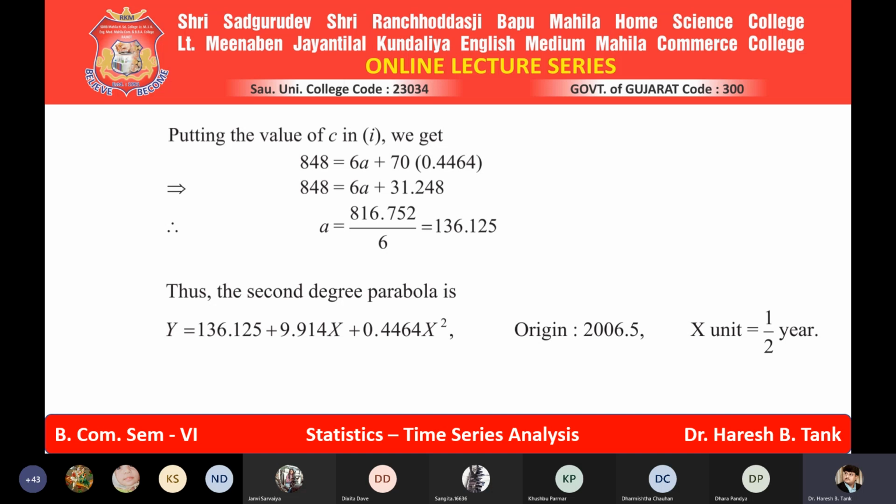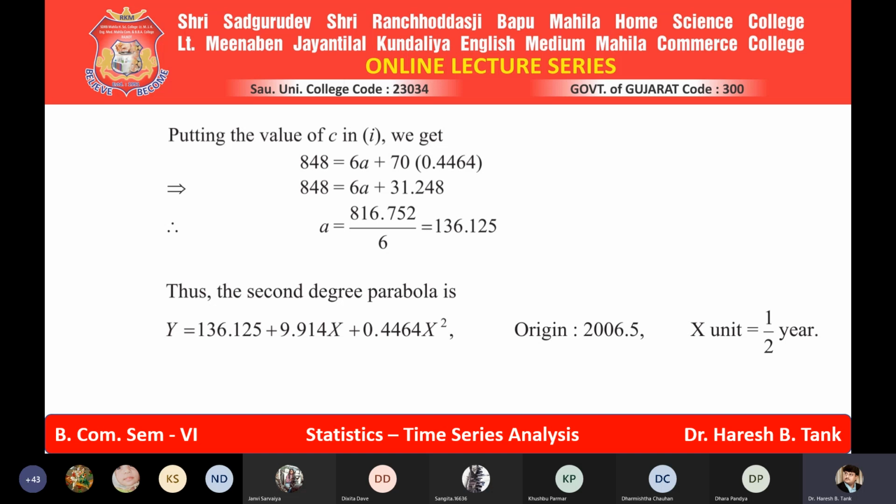So now you have all these three values A, B and C. Just put them in the standard form of the second degree parabola. So y is equal to 136.125, which is the value of A, plus the value of B, 9.914 times x, plus 0.4464 times x squared.